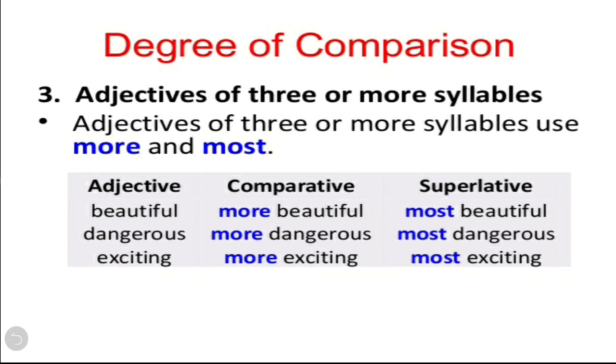So, when we pronounce, we break it into three parts that are known as syllables. Beautiful will change into more beautiful and most beautiful. Dangerous will change into more dangerous and most dangerous. Exciting, more exciting and most exciting.